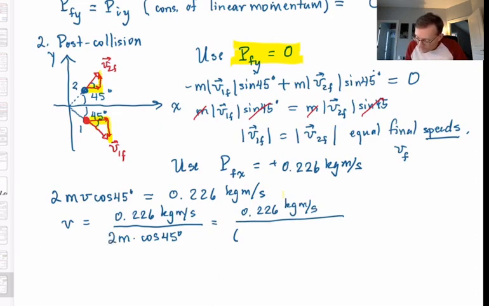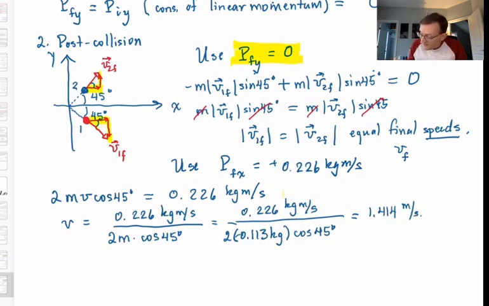That's important. Times, for the mass, 0.113 kilograms times the cosine of 45 degrees. And you just put that in your calculator. 1.414 meters per second. Looks like the decimal approximation to square root of 2, doesn't it? But anyways, that's the answer for question 2. That is the speed of each particle after the collision.